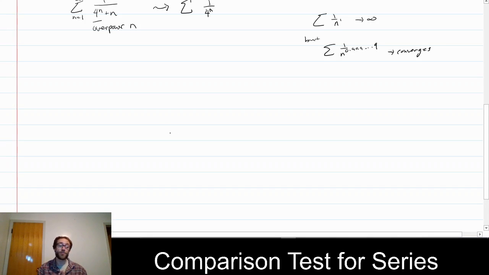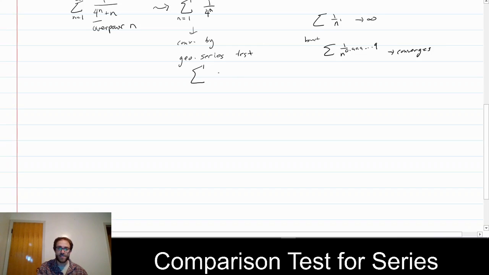So let's use a direct comparison test. Going back to our original one, as we approach infinity, the 4 to the n overpowers n. So we're actually comparing to 1 over 4 to the n. Let's go ahead and show that this first converges. This converges by the geometric series test. Remember that it is a geometric series.